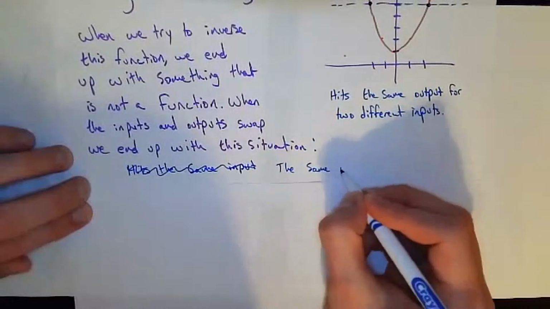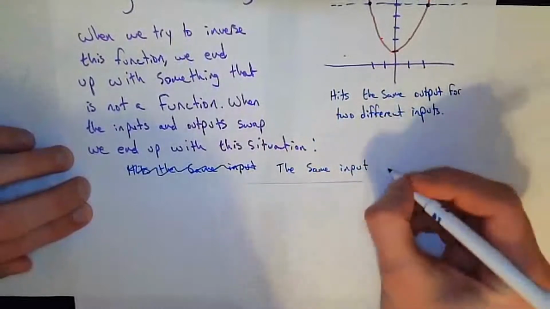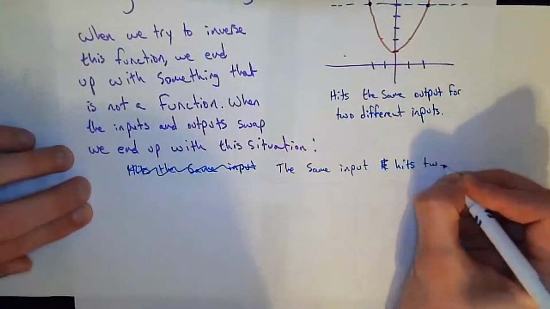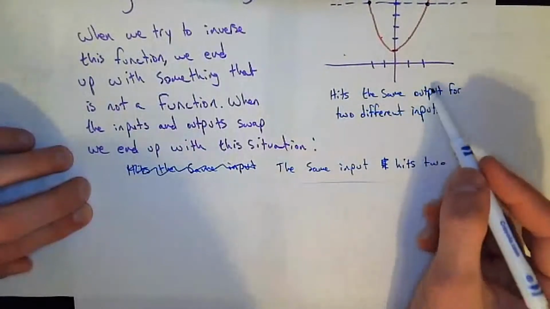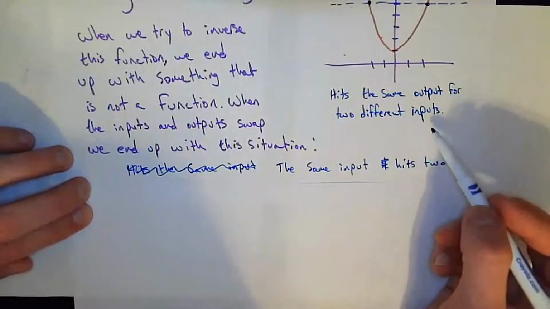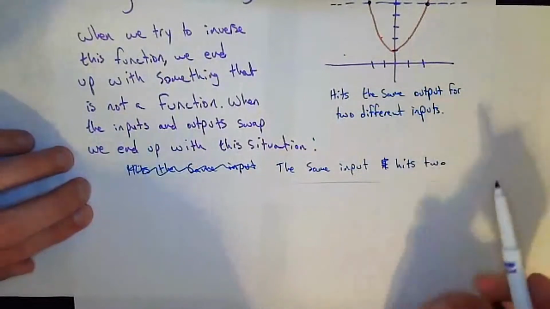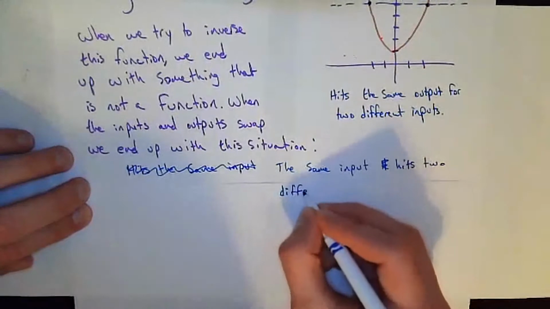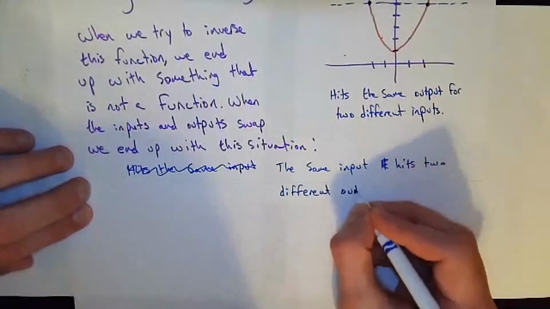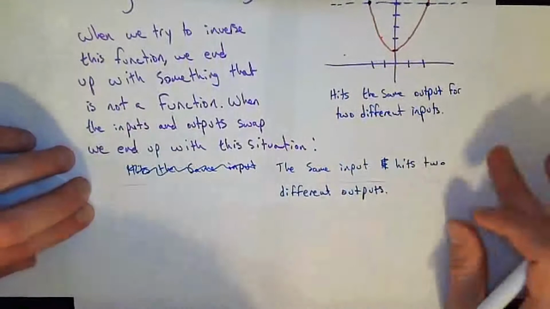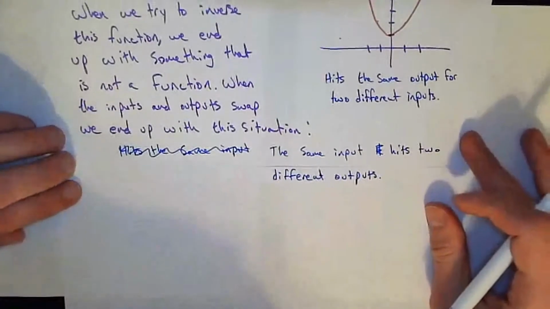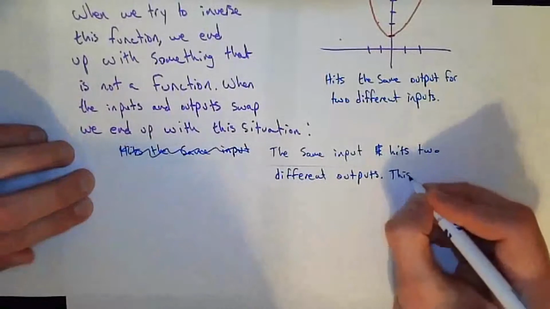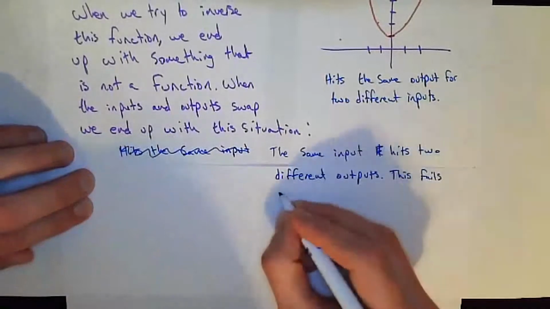The same input hits 2 different outputs. See how input is swapping with output here, literally in this sentence, except I have to adjust the grammar to make sense? The same input hits 2 different outputs. Is that a problem? That is a problem. That is not a function. This fails the definition of a function.